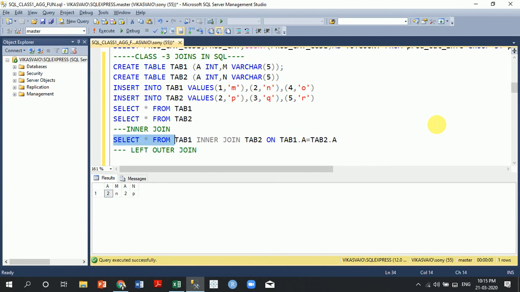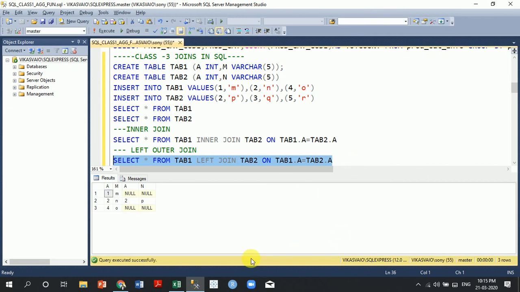Now if I copy this query and write left join instead of inner join, from table 1 and from table 2, the join condition is still the same. While running this query, you will get this as a result.